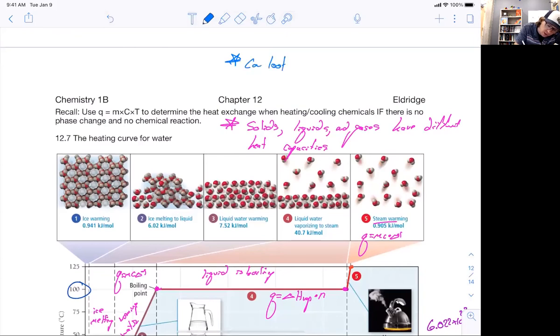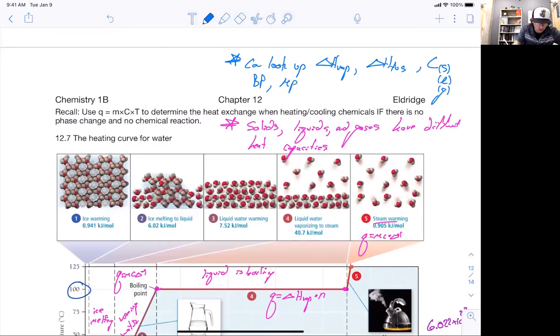We can look up enthalpies of vaporization or enthalpies of fusion or specific heat capacity of a solid or the liquid or the gas or the boiling point or the melting point. These are common things that have been studied for a long time, and they're sort of just literature values for a lot of chemicals. You have some tables in the back of your book that you can go look them up. The internet can be a good place to find a lot of these too.